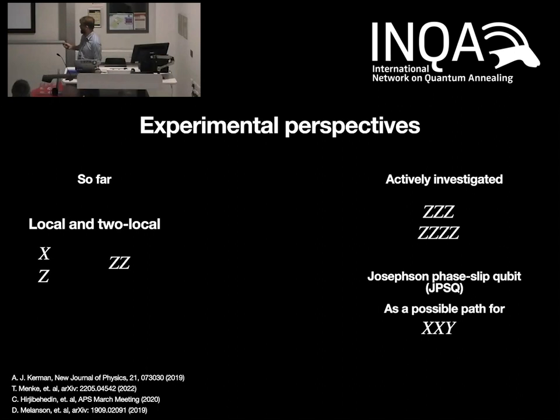One of the potential candidates that can achieve that is some fluxonium qubit that gives us the possibility of implementing XXY, YYY, and so on. However, this is in a very preliminary stage of research, so it's not decisive that this is the technology that we have to invest in to build that device.